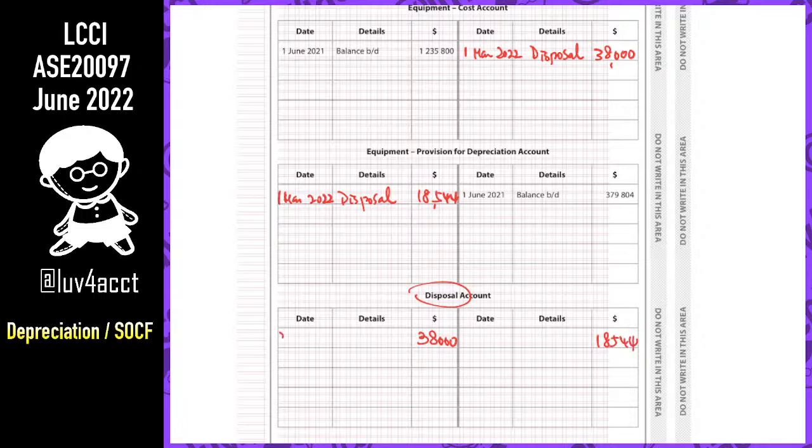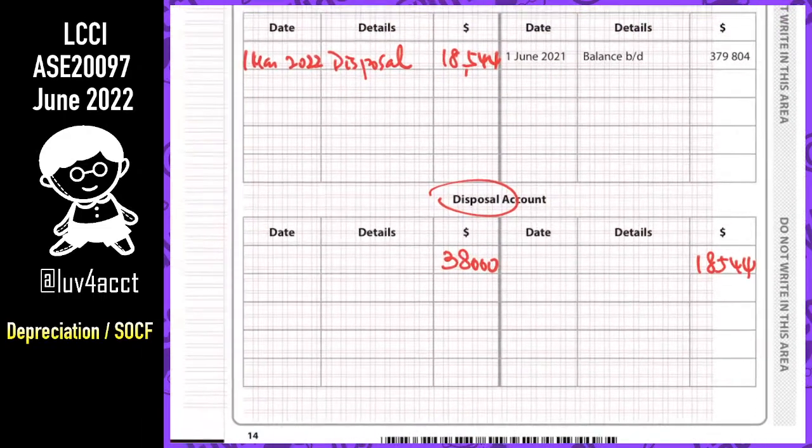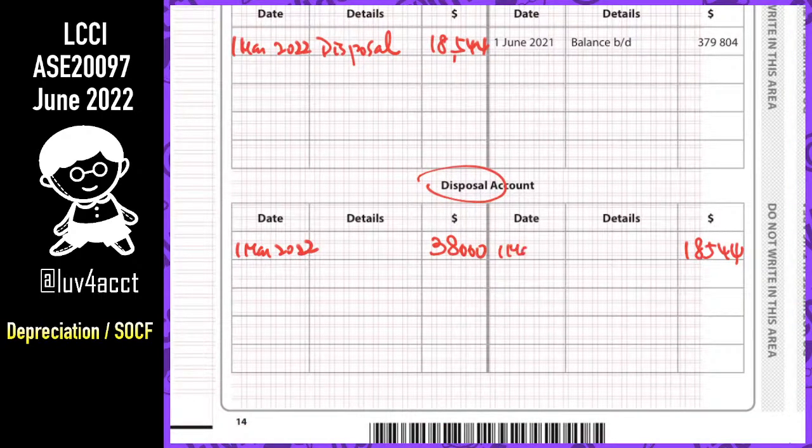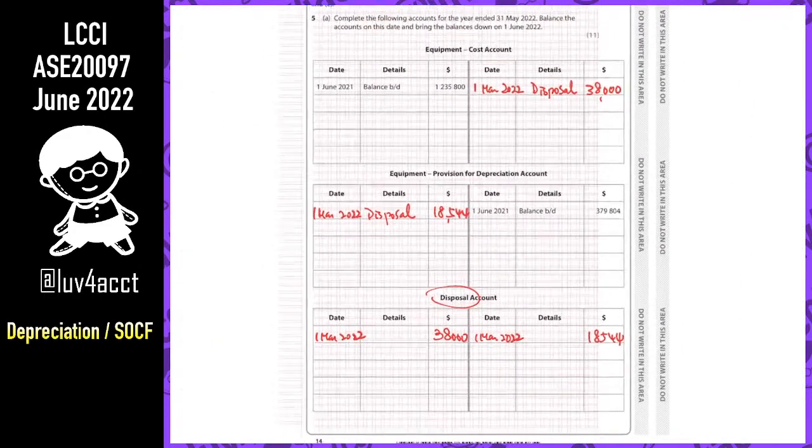38,000, 18,544. Let me write the description nicely. 1st of March, year 2022. This is the equipment.